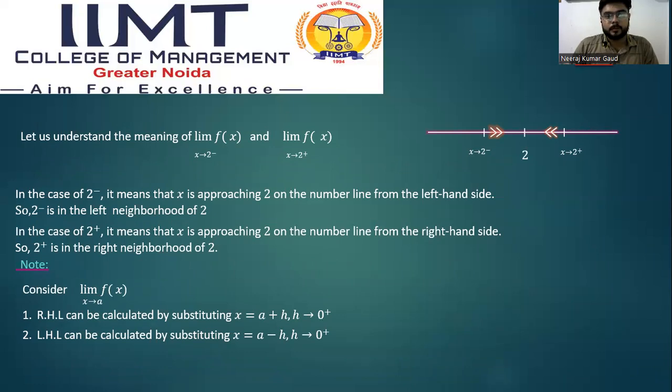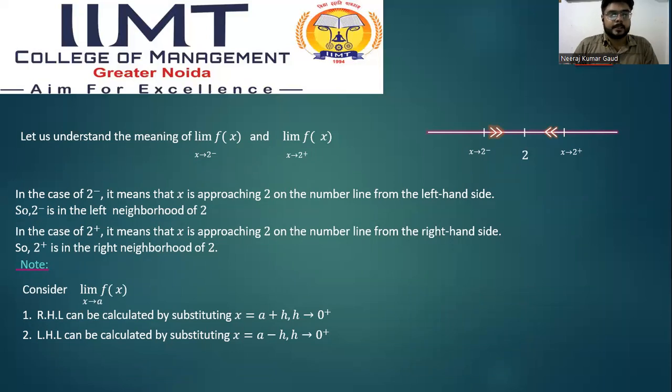From the given graph, in the case of 2 negative, x is approaching 2 on the number line from the left-hand side, so 2 negative is in the left neighborhood. In the case of 2 positive, x is approaching 2 from the right-hand side, so 2 positive is in the right neighborhood.